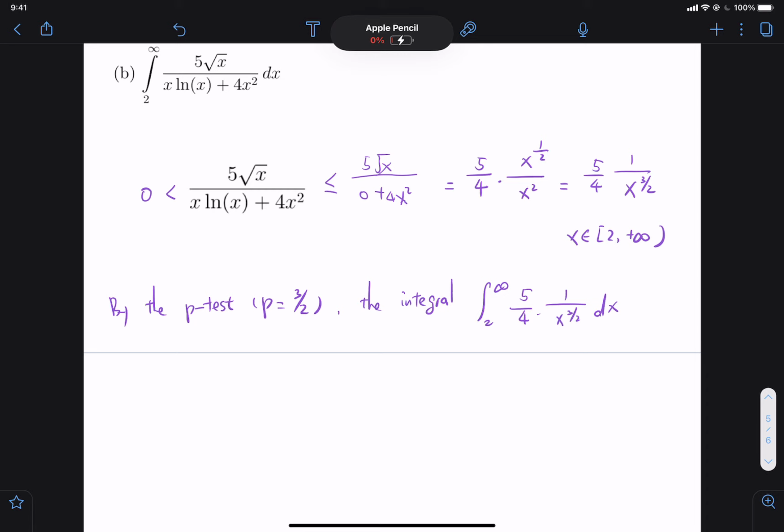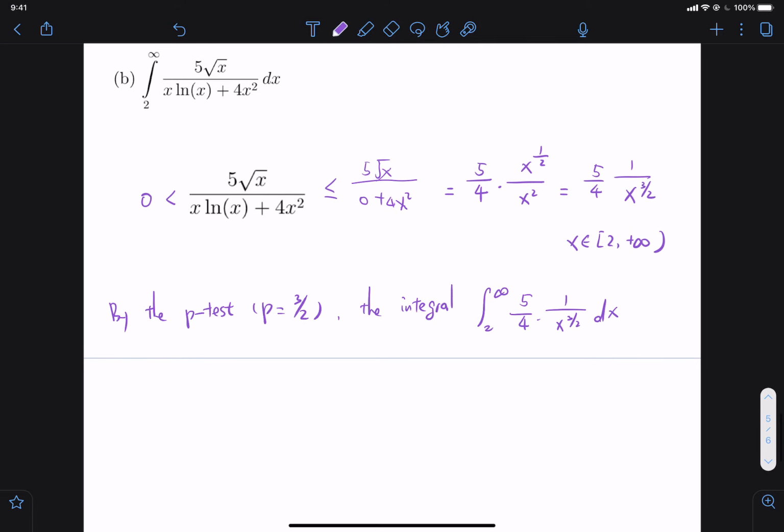Apple Pencil is dead, so wait a few seconds. Charging at 2%. So this is convergent.